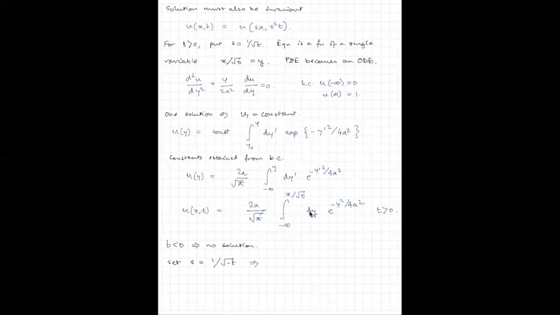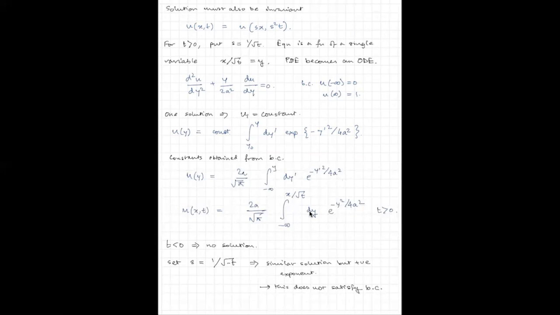Then what you get is a similar solution, but with a positive exponent. This does not satisfy the boundary condition.